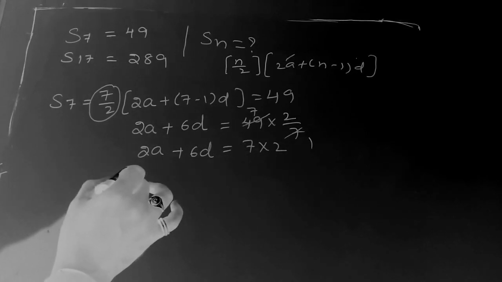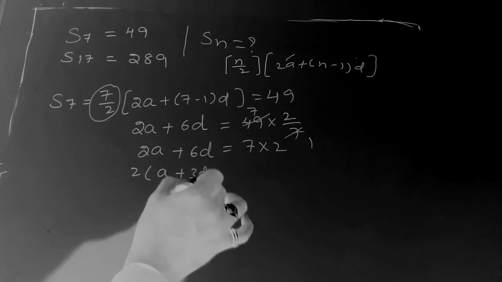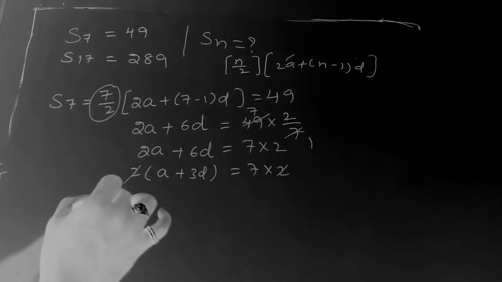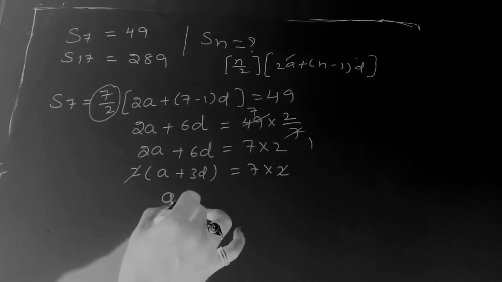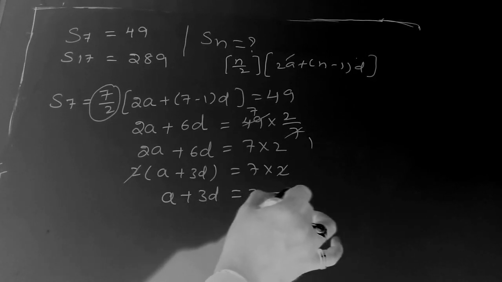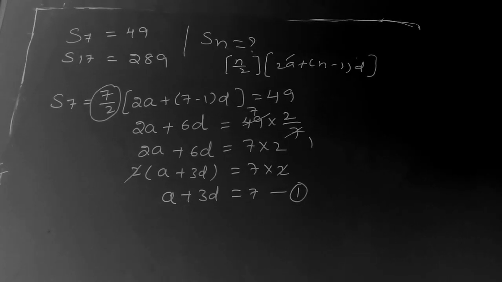Take 2 common, a plus 3d is equal to 7 into 2. 2 gets cancelled on both sides. Remaining is a plus 3d is equal to 7. Let it be equation number 1.